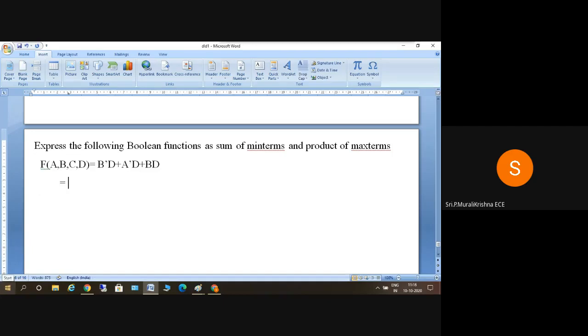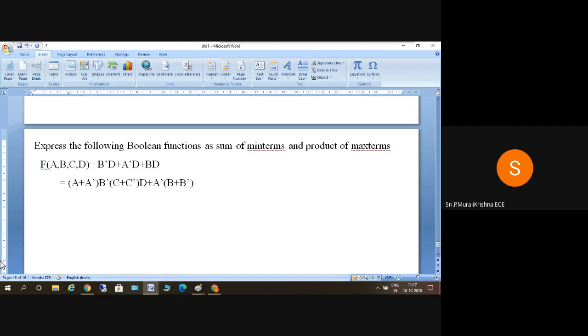What I can write here is, there is an A term missing, so write as A plus A bar for the first expression, and we have the B bar term as it is, and the C term is missing, so C plus C bar. In the same way, the A term is there, the B term is missing, so write as B plus B bar.